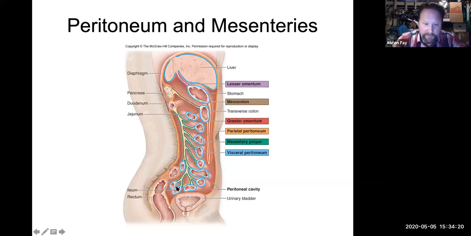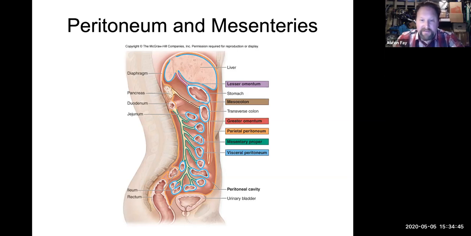So, here to here, this is the abdominopelvic cavity. It is lined with a serous membrane called the peritoneum. So here in orange, all the way around, we have the parietal peritoneum, which is going to face the outside, or it's going to be in contact with the body wall.